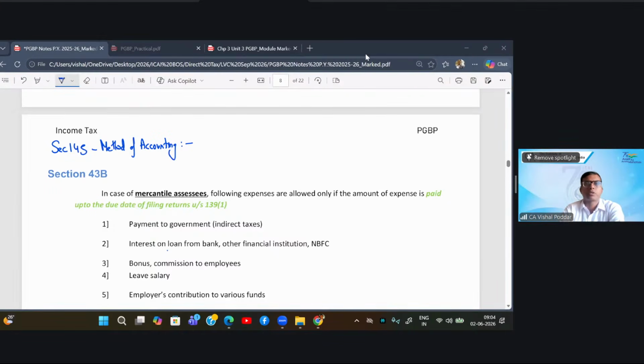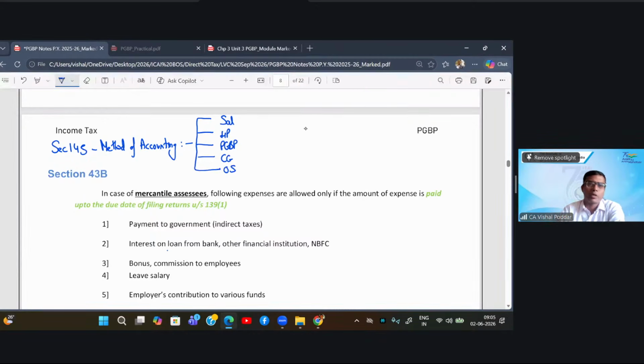Now the question comes, you have 5 heads: salary, house property, PGBP, CG, and OS. How to compute each of these incomes?